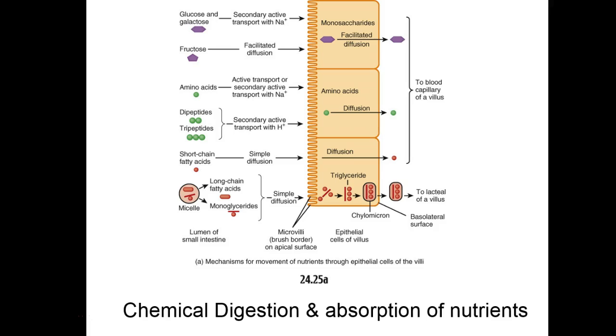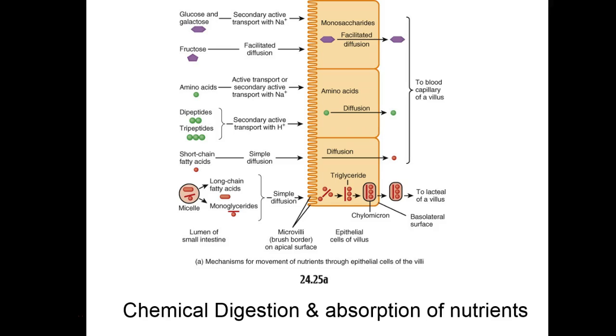And then the long chained, they are going to be taken into the lacteal, that's what that structure is. I don't know if I've used that term, that's found in the villus of the small intestines. That's what we associate with the lymphatic system. They're taken in what's known as a chylomicron, which is the fat globule surrounded by bile salts.